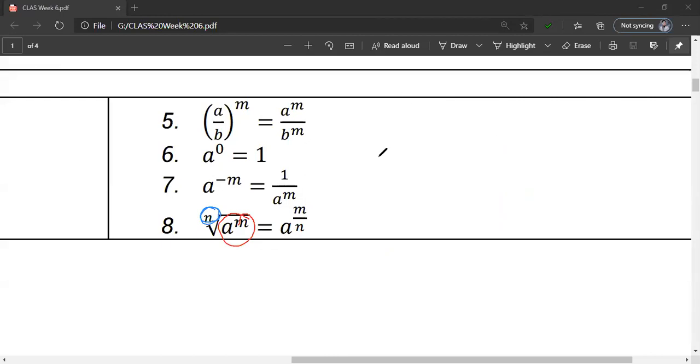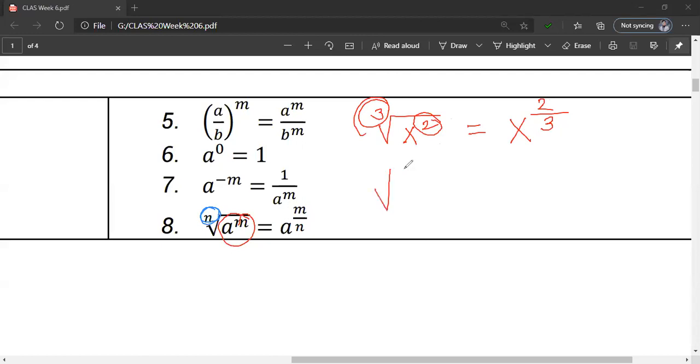Okay, so let's take for example, we have cube root of x squared. So we have x raised to the exponent in the radicand, which is 2, over the index of our radical sign, which is 3. So the cube root of x squared is the same as x raised to 2/3. Okay?